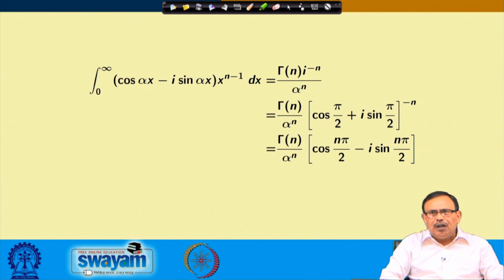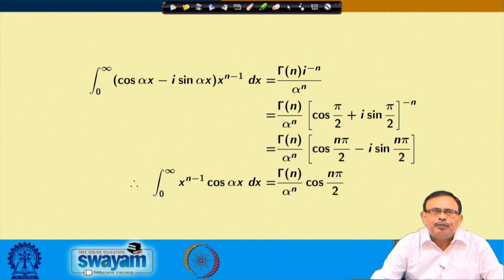Then using the properties, I can write it as cos n pi by 2 minus i sin n pi by 2. Therefore, equating the real part on both sides, I can write the integral 0 to infinity x to the power n minus 1 cos of alpha x dx equals gamma n into cos n pi by 2 divided by alpha to the power n.